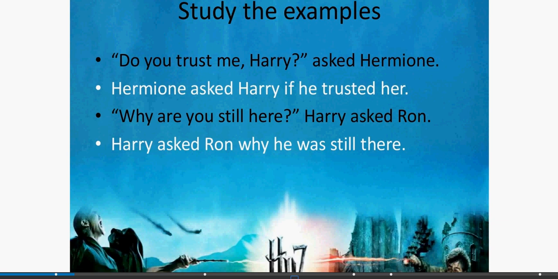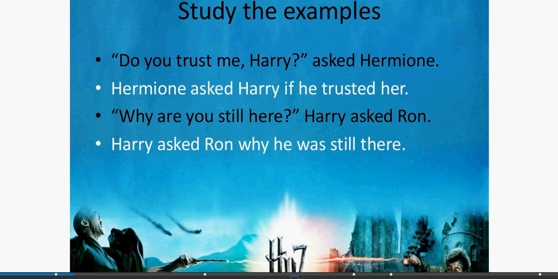Why trusted? Because we have asked, the verb asked, which is in the past. So I have to change the verb into the past also. So if he trusted her, and me becomes her, because I'm talking about what was said to another person. I didn't say this. These are not my words.